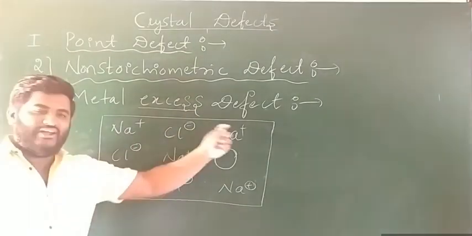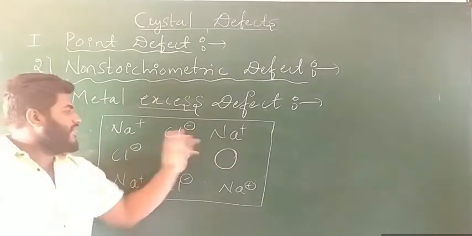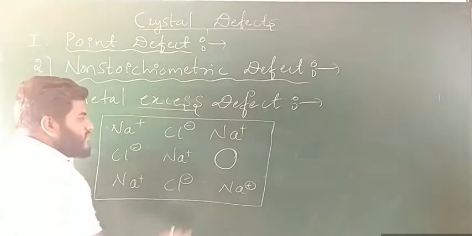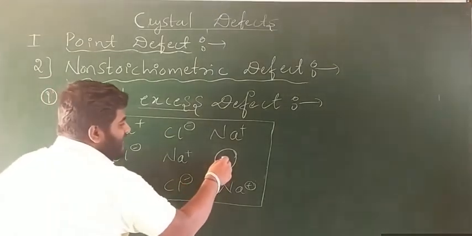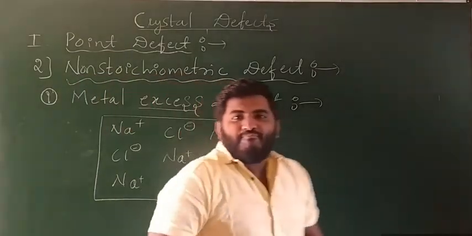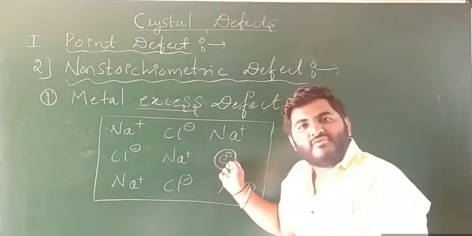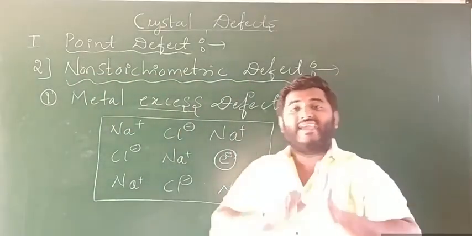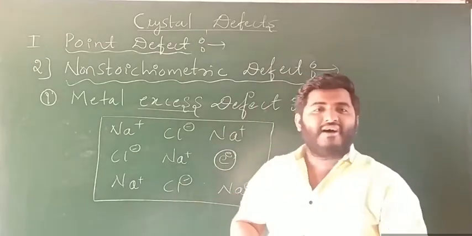These are called lattice points, right? Here sodium and chlorine are there, and here one chlorine atom is missing. That is occupied by an electron. One chlorine atom missing means one anionic vacancy is created, and one extra cation is there.